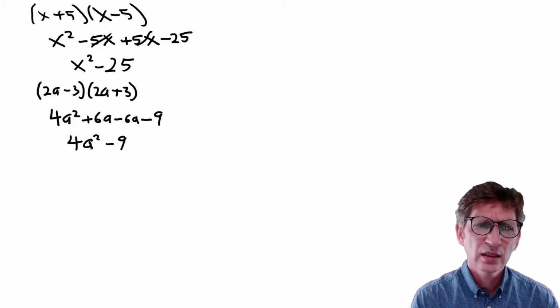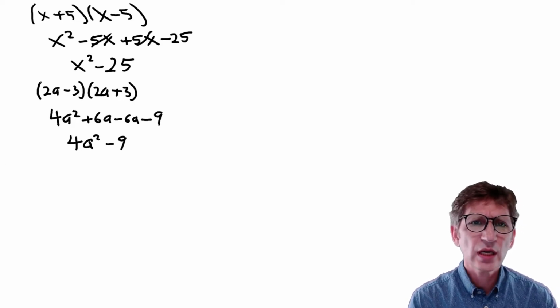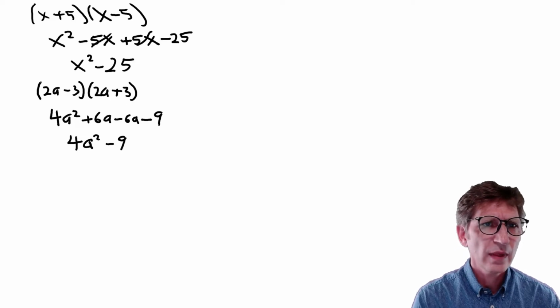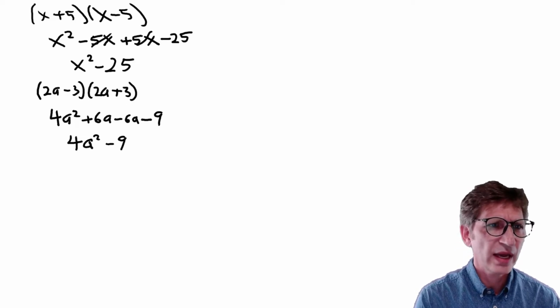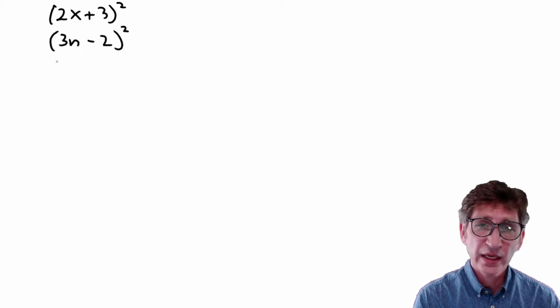So we've seen a couple situations now. We've seen a situation where we have a binomial being squared. We've also seen it where we have a binomial squared with a negative in the middle.